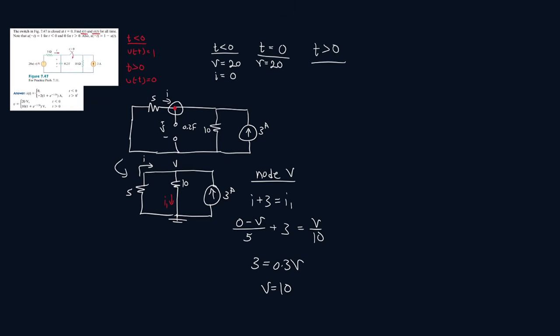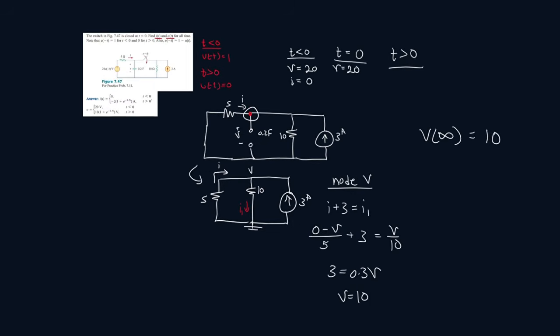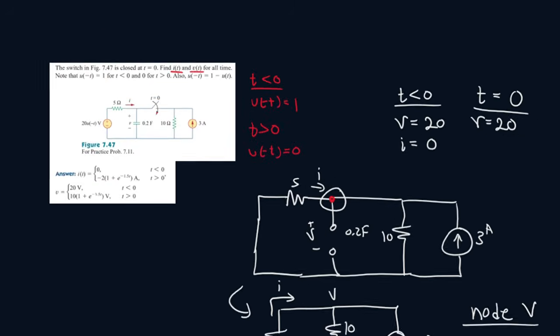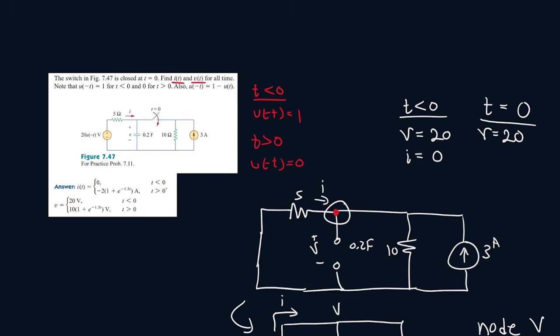Okay, but this V equaling 10, that's not the voltage for when t is greater than 0, because the voltage is going to be changing as you increase the time. So this V will be V infinite. And so to solve for what V(t) will be, we have to know what kind of circuit we're working on.